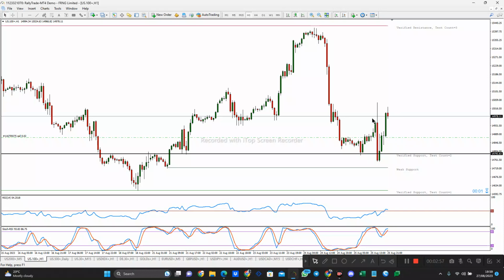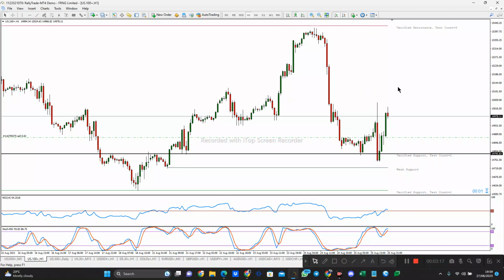I like to draw them with the help of my support and resistance indicator. I'll do that right now. I'll use my support and resistance indicator to draw, so I have drawn this particular support.